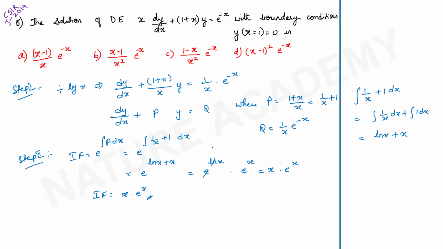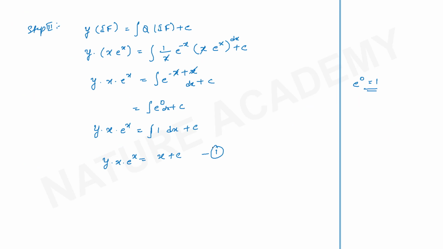Now let us find c using the initial conditions. What are the initial conditions? The initial conditions are that y is equal to 0 if x is equal to 1. I will put x equal to 1 and y equal to 0 in equation 1, so that I get 0 into 1 into e raised to 1 equal to 1 plus c.